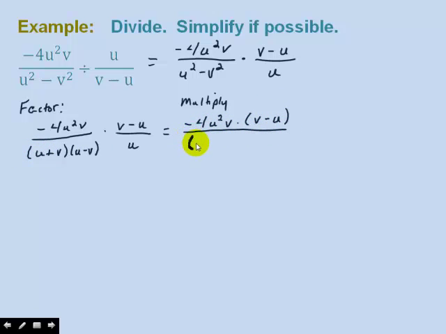And in our denominator, we have (u plus v) times (u minus v) times u. Now we're looking to simplify this, so we want to find any factors that might be in common. And again, if you notice here, on the top we have a v minus u, and on the bottom we have a u minus v. Those are opposites.